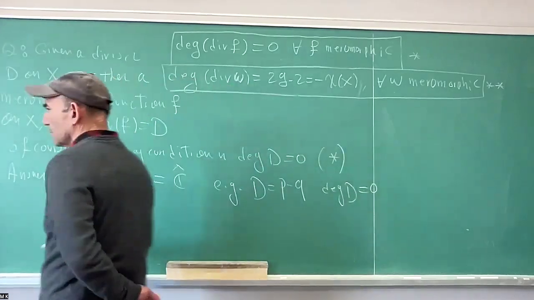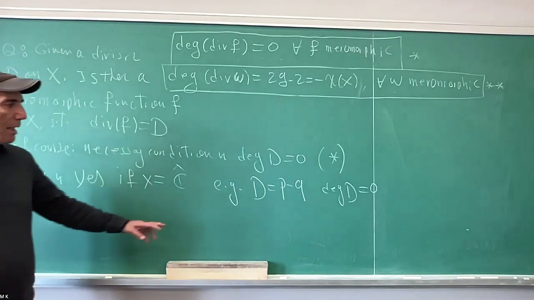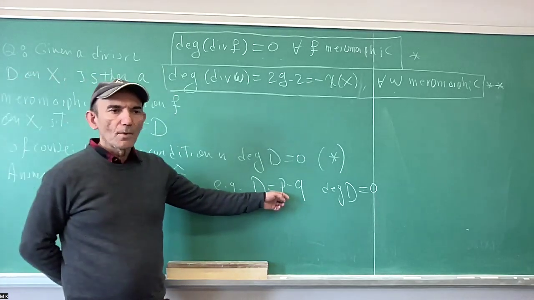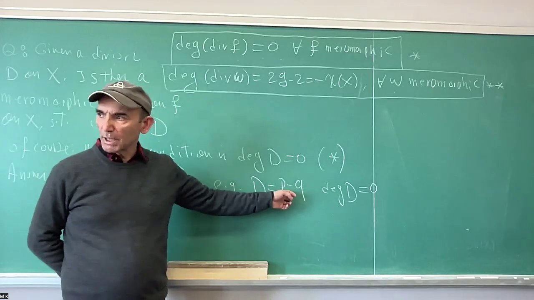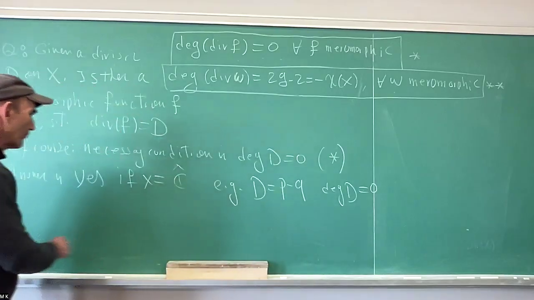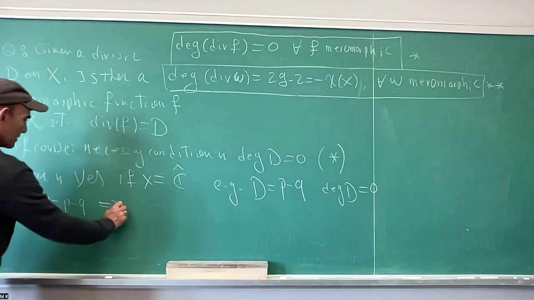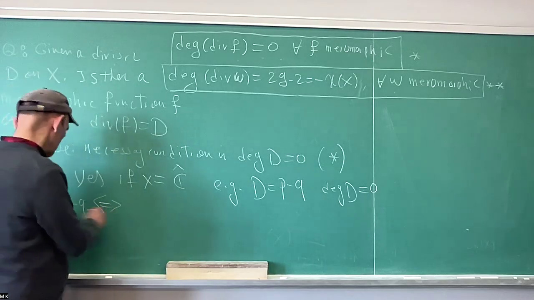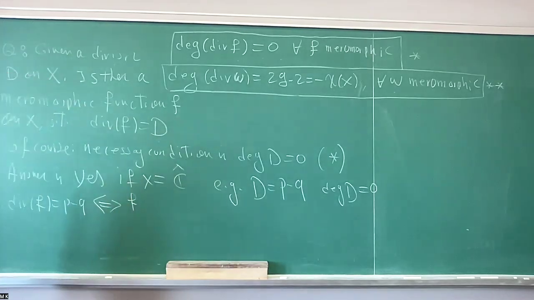Now I want to write a meromorphic function which has a 0 at P and a pole at Q. That's what it means, right? So the divisor of F equal to P minus Q means that F has a simple 0 at P and a simple pole at Q. P and Q are points on X, which is C hat in this case.